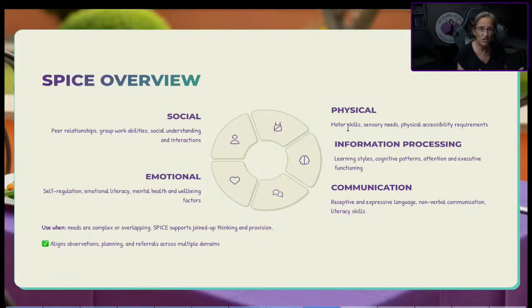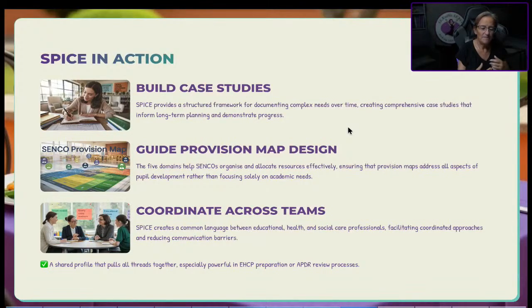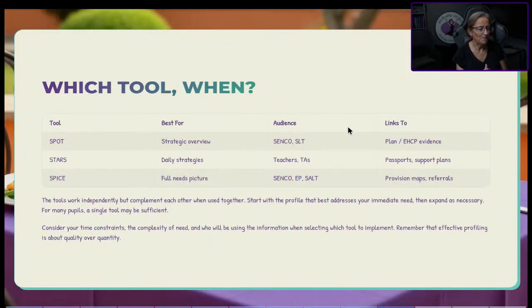Communication skills, emotional skills, they're all everyday language, which means it's accessible by everybody. It doesn't take very much brain power to work out what needs to go in each box and what we're actually talking about if we saw one of those headings. So again, we get this reduced communication barrier, especially with parents and external individuals that we're working with. And it can be really useful for your EHC preparation and for any APDR stuff that you want to do.